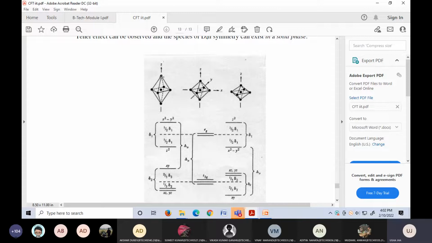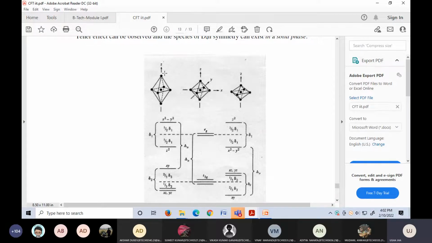So now what is going to happen? There are 2 electrons in dz squared, 1 in dx squared minus y squared. Obviously, those 2 electrons are going to repel the ligands around the dz axis. So the ligands will try to move away along the dz axis.